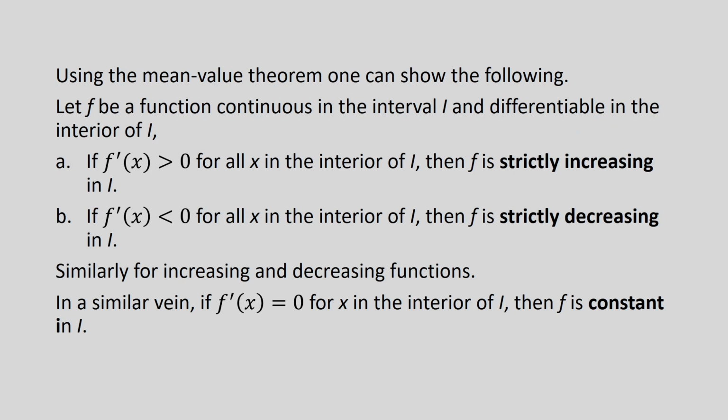Using the mean value theorem, one can show the following. Let f be a function continuous in the interval I and differentiable in the interior of I. Then we can show the following.